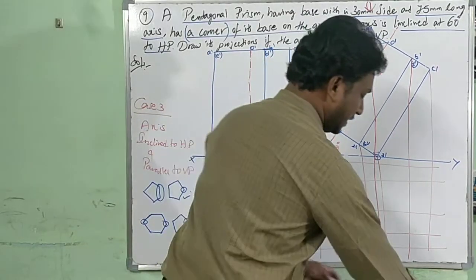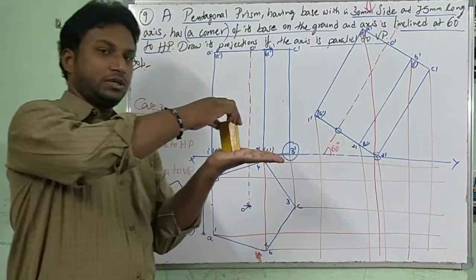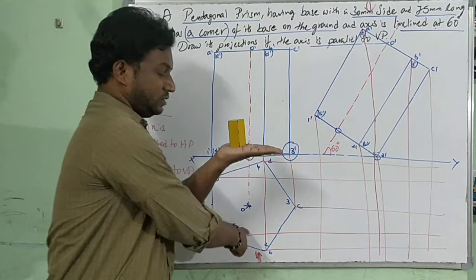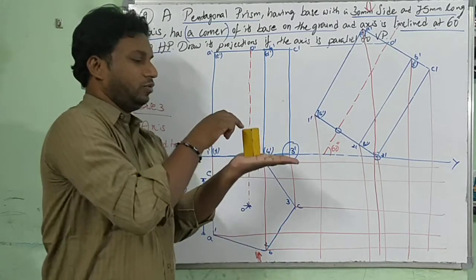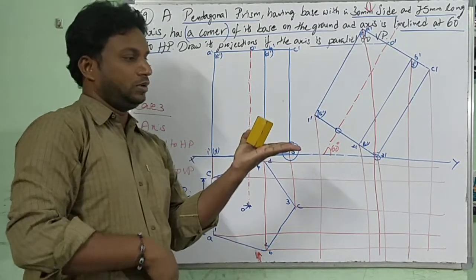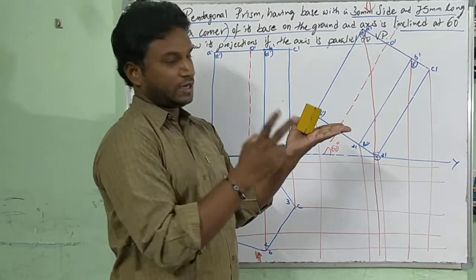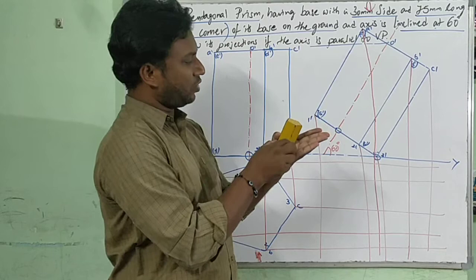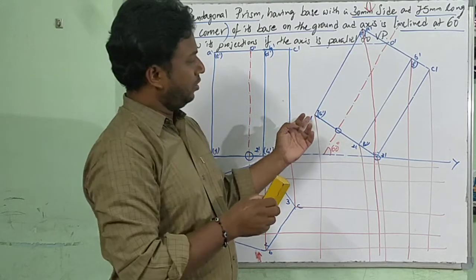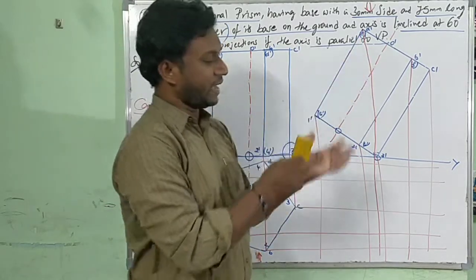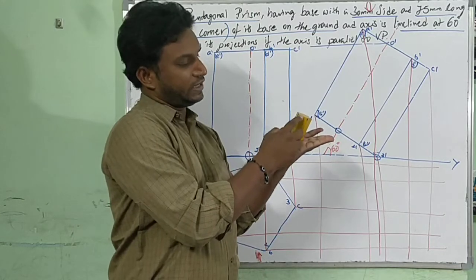You can easily see the object, initial stage, true shape, front view, corner. When you are looking from here, two rectangular faces are clearly visible, this and this. What are those here? Nothing but 1 dash, 2 dash, B dash, A dash. This rectangular face.